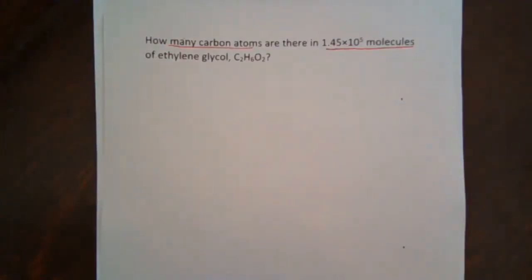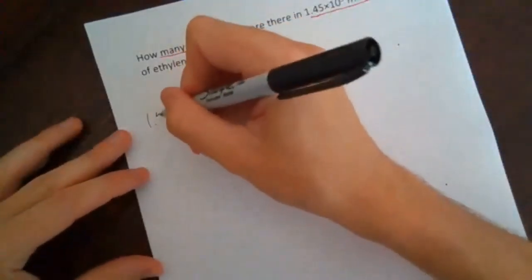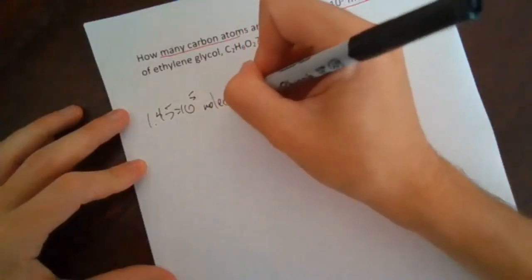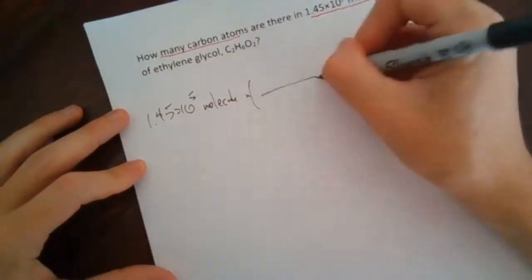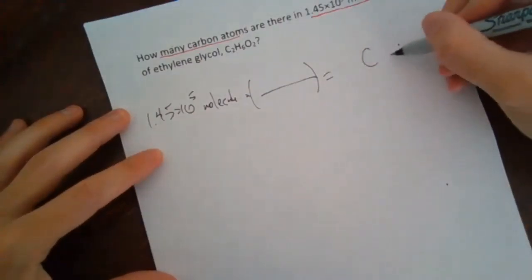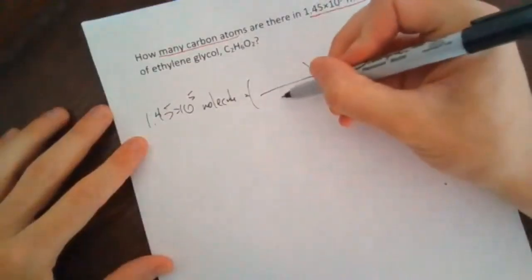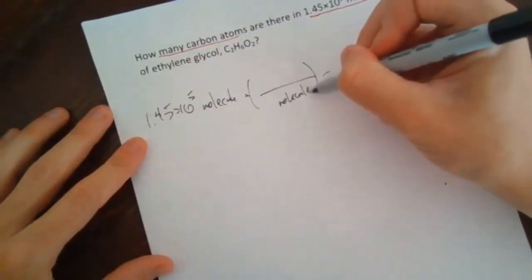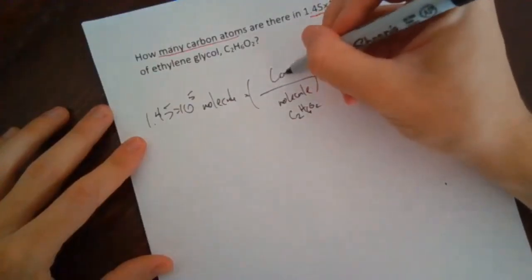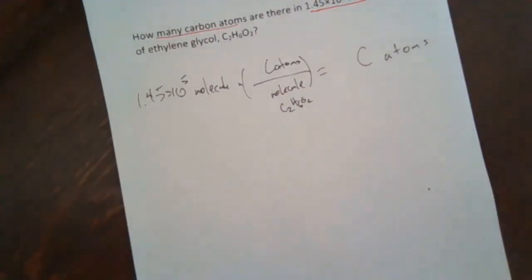So when we set up this problem, we start with the 1.45 times 10 to the 5th molecules. We want to go into carbon atoms. So the question is, every molecule of C2H6O2, how many carbon atoms? Again, this kind of setup is always going to work out.